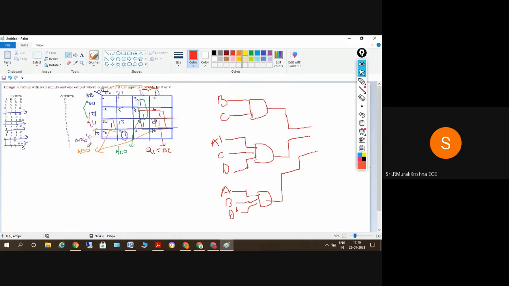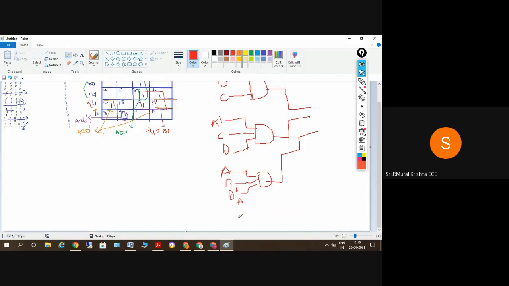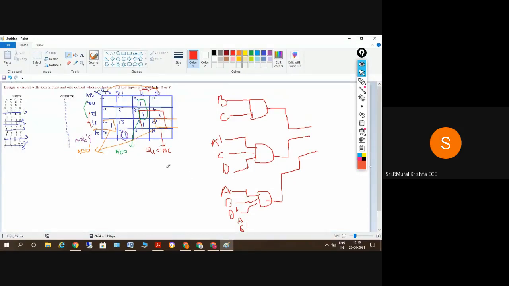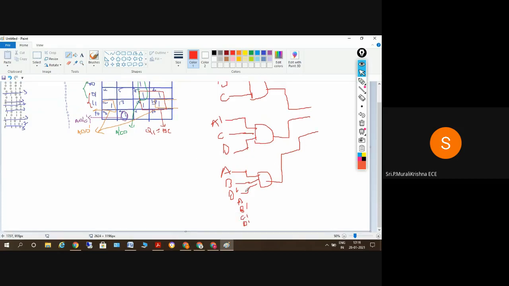A, B bar, C bar, D. So we have A, B bar, C bar, D bar, right? C bar D, yeah, it's not D bar. So all these four are given to an AND gate.